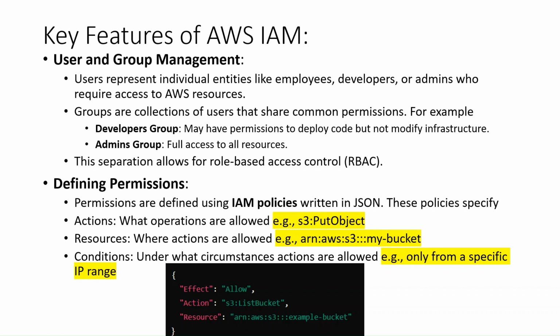In that case, instead of going to each user and giving permission to CodeCommit, we can include all of them in one group, and we can just update the policy in the group permission, so that whatever permission is updated in the group will affect all the users under that group. For example, a developers group may have permission to deploy code but not to modify infrastructure.